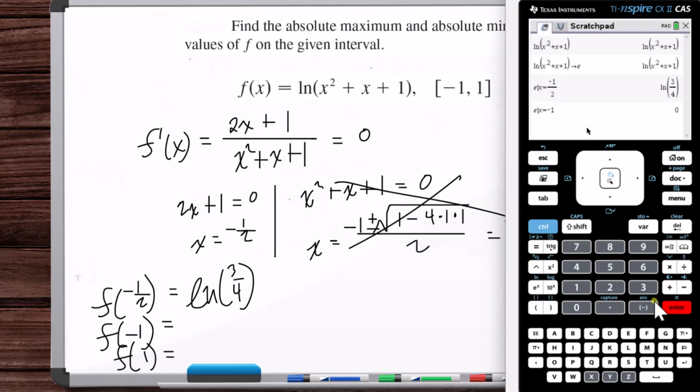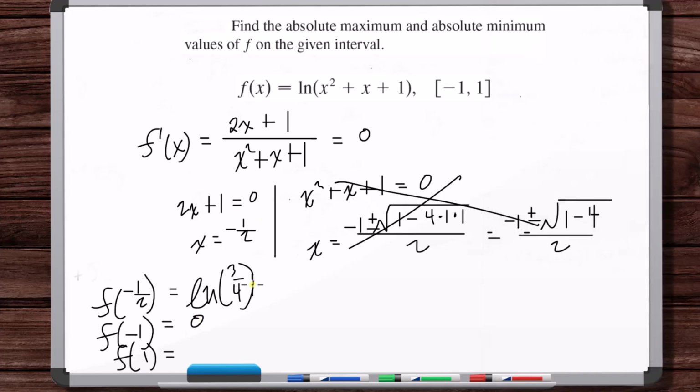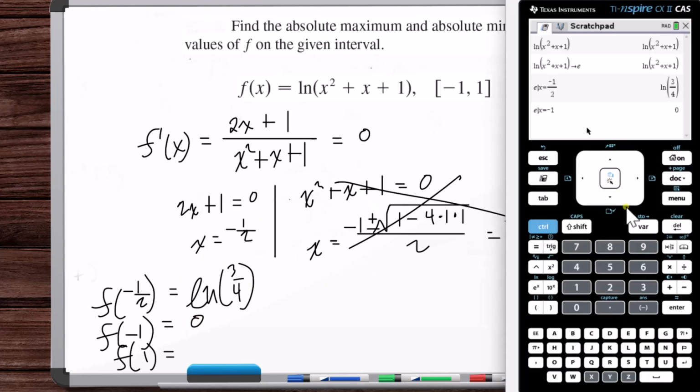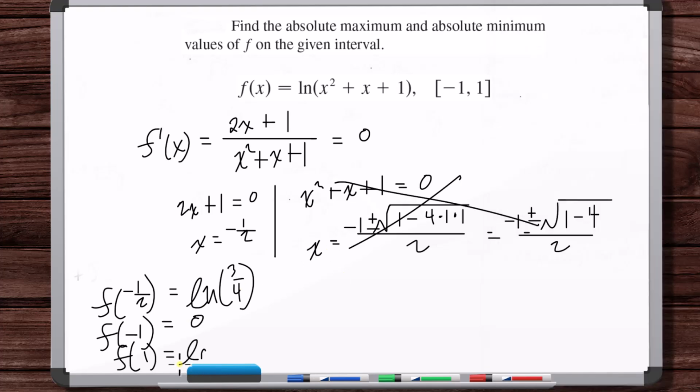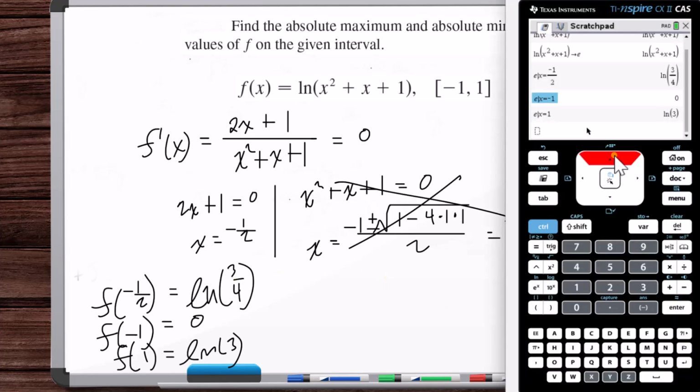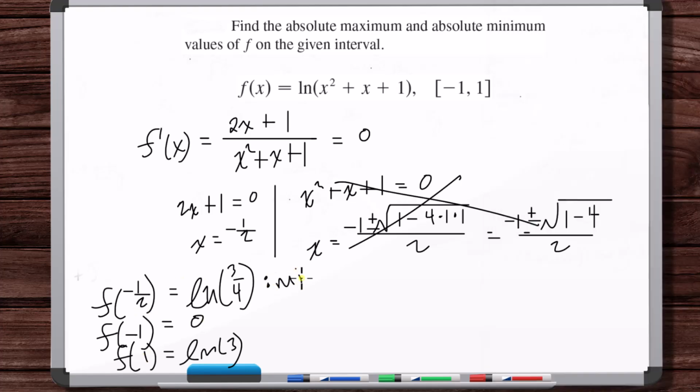Minus 1 gives 0. And 1 gives natural log of 3. Natural logs of numbers less than 1 are negative, and greater than 1 are positive. So this is the min, and this is the max.